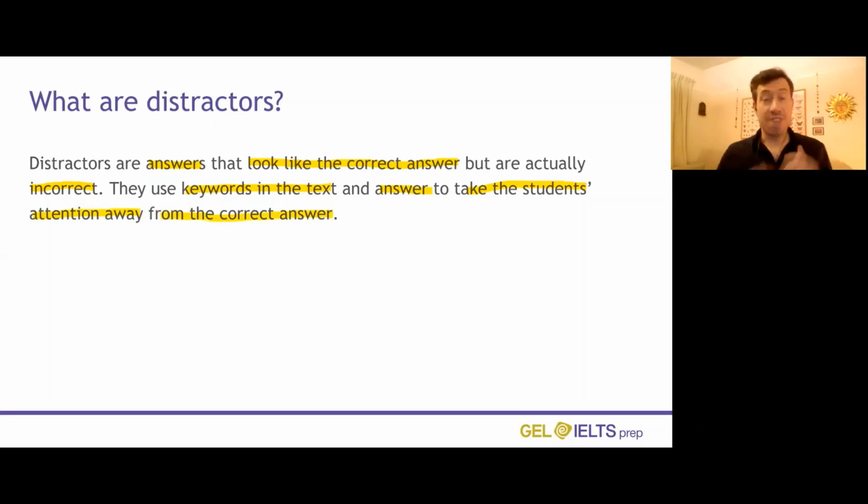So they create a situation where you'll read a question and look in the text and think, yes, A is the correct answer. But actually, they've distracted you. Maybe it's the same word in the text and the answer, and you think, that's the correct answer, but they've distracted you in this way. So we call these things distractors, and they happen a lot in the reading test.